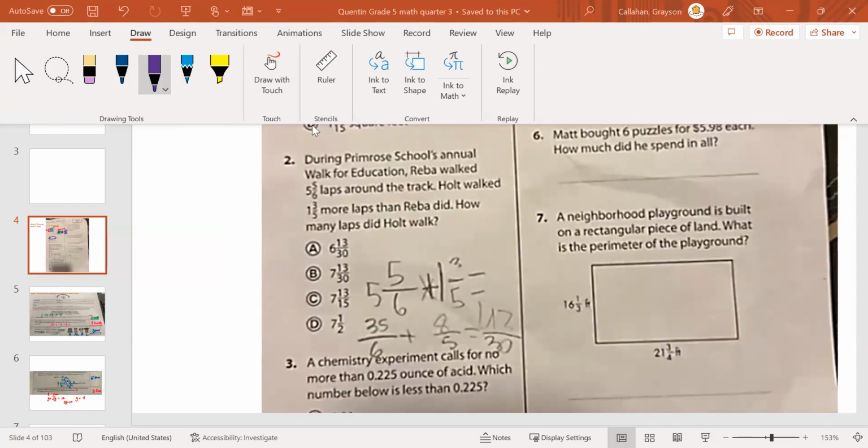All right, let's go ahead and take a look at this then. All right, so during the Primrose annual walk, Reba walked, so this is Reba's, right? Holt walked this many more laps than she did, right? So how many laps did Holt walk? So if Holt walked this many more than that, what do you do with the two fraction numbers?